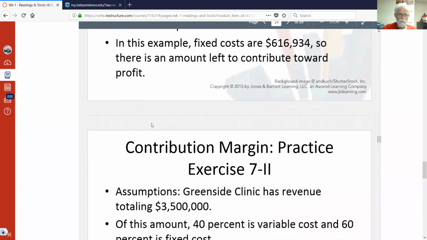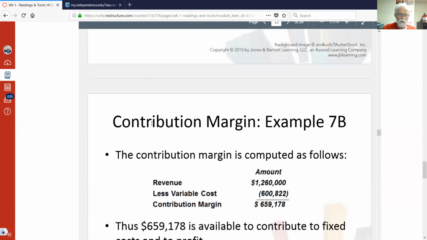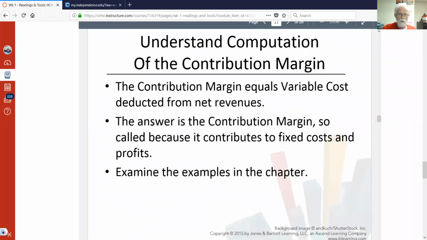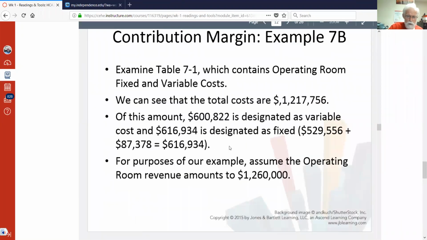Let's look at what the definition of contribution margin actually is. It's the variable cost that's deducted from the net revenues. Then that's the contribution margin. That is then reduced by your fixed costs as well.